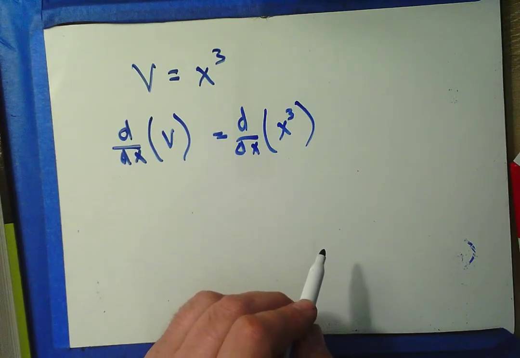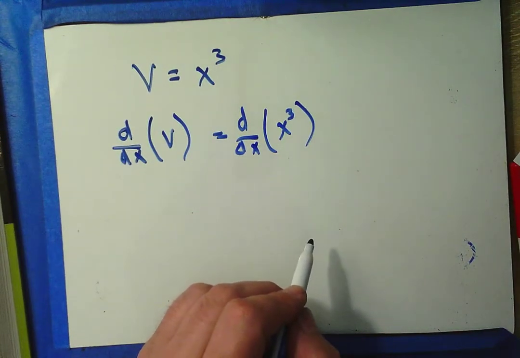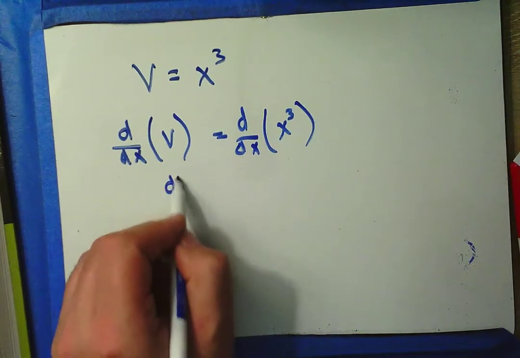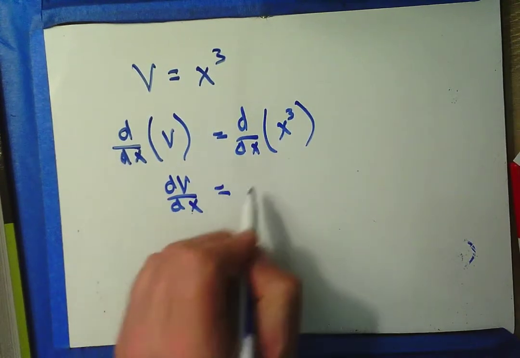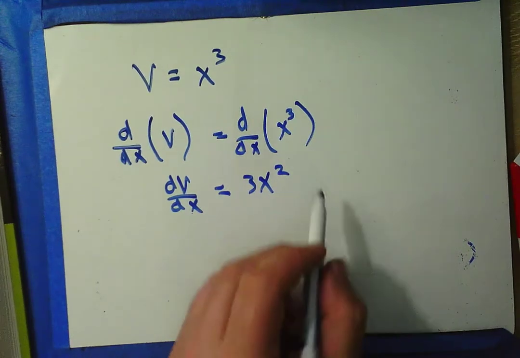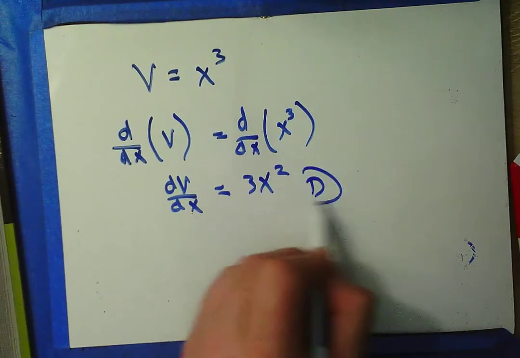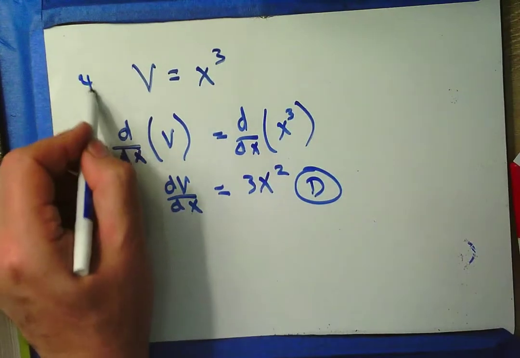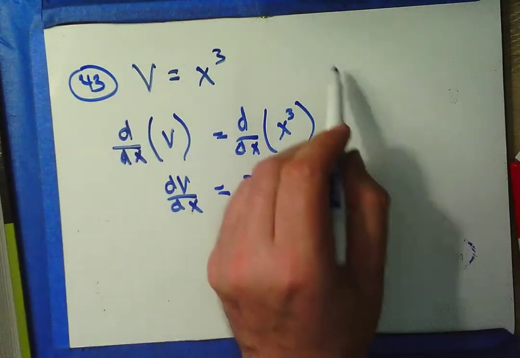So dV/dx equals 3x squared. And that corresponds to choice D. Okay, so there's 43. What about 44?